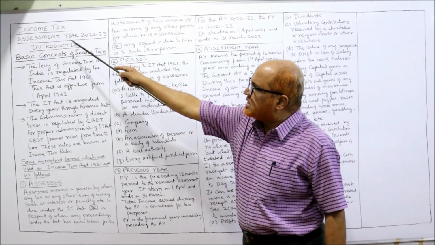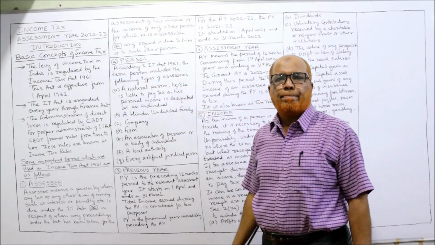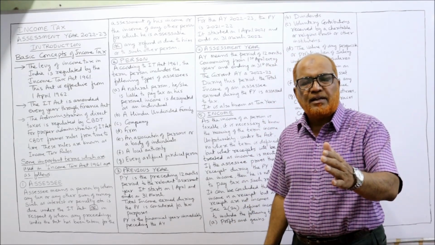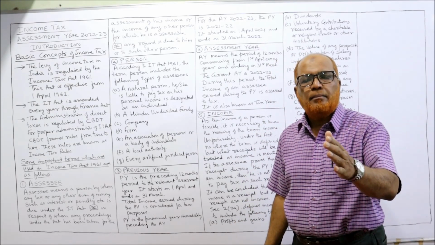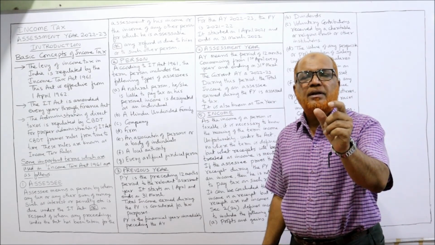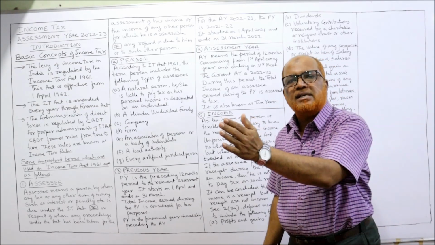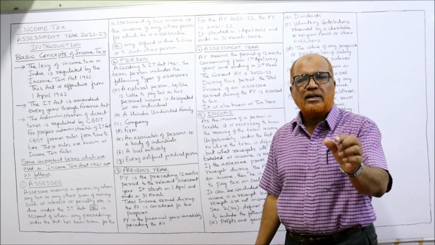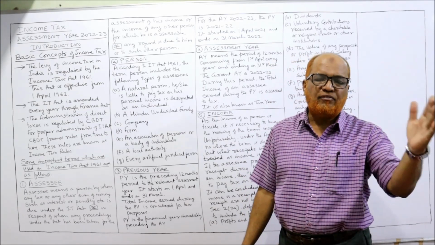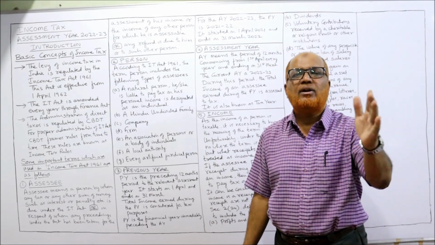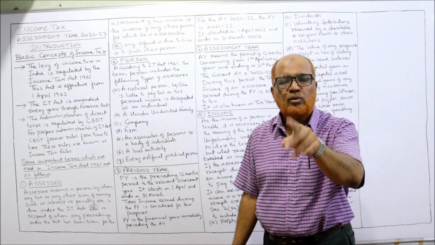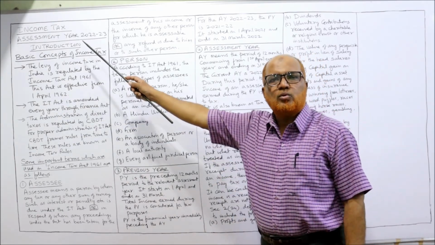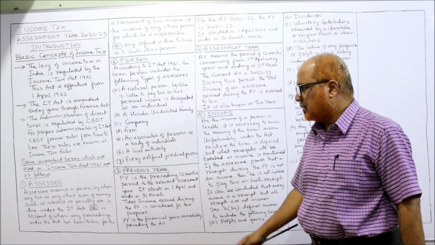For this assessment year, the previous year means the 12 months period immediately preceding the assessment year. Immediately before 22-23, it is 21-22. So 21-22 is the previous year, 22-23 is the assessment year.